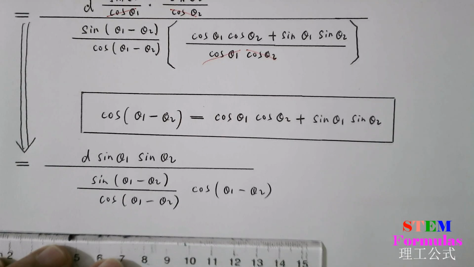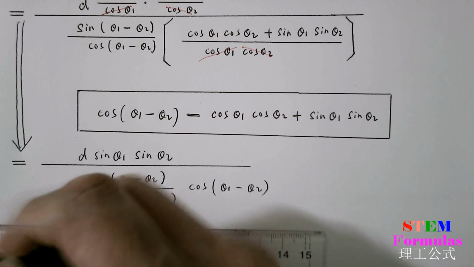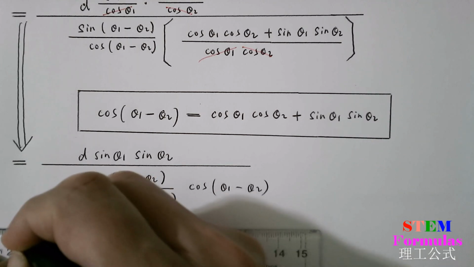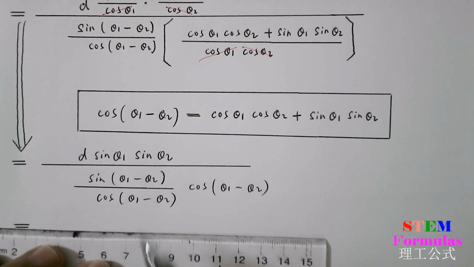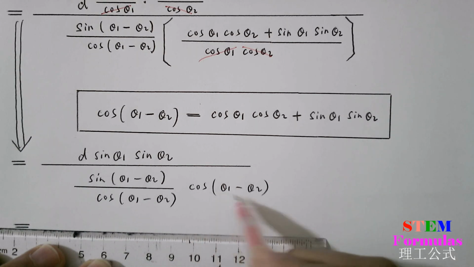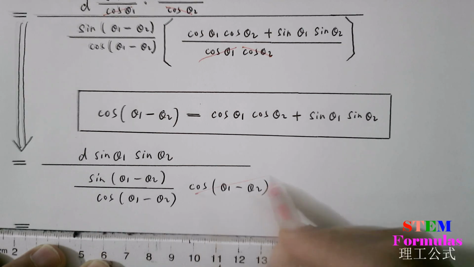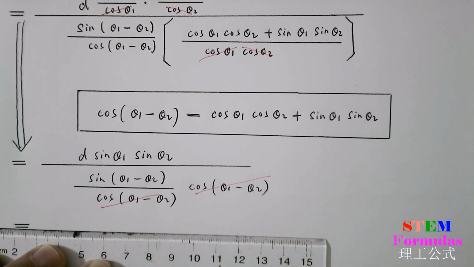Now, cosine (theta 1 minus theta 2) on top and cosine (theta 1 minus theta 2) on the bottom cancel together.